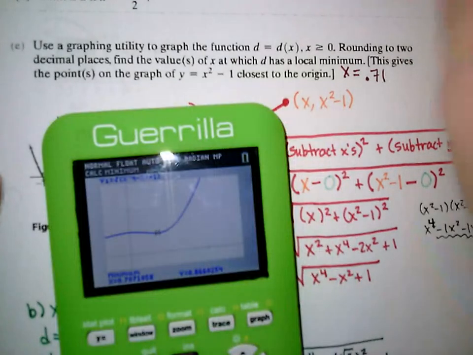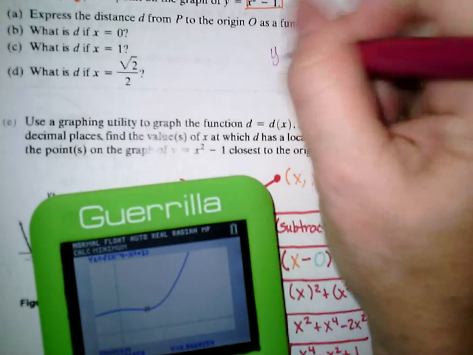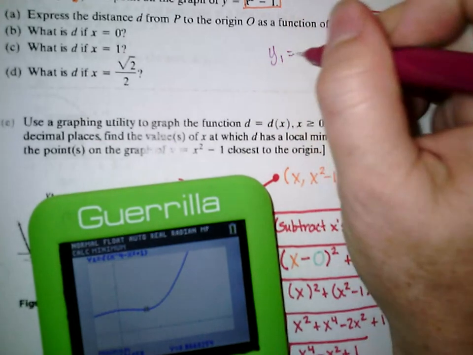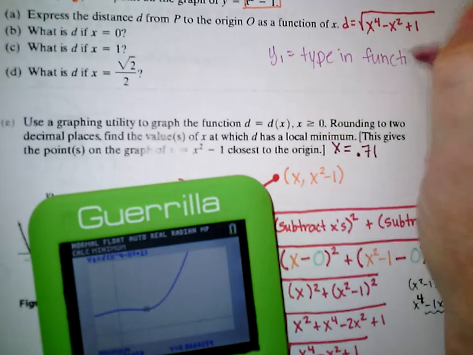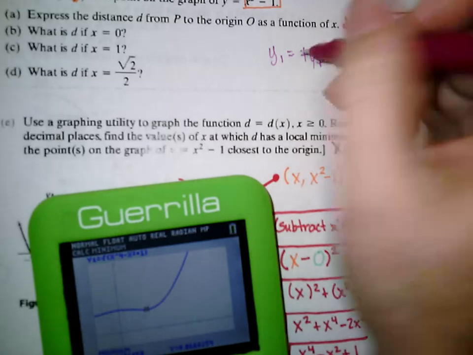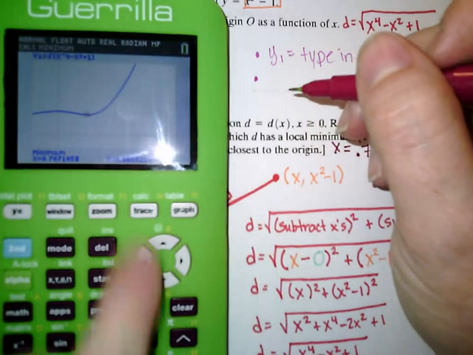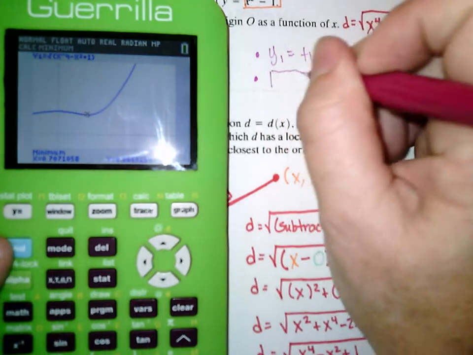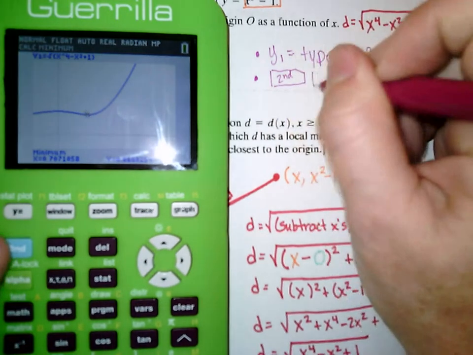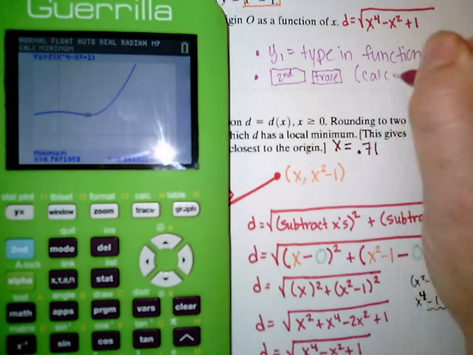Okay, let's write down the steps on how we did that, finding the minimum on our graphing calculator. So we did y1 equals, and we had to type in the function. And then we did the trace. We needed to get to that calculate menu. So we had to push the second button, and then the trace button, which gets us to the calculate menu.